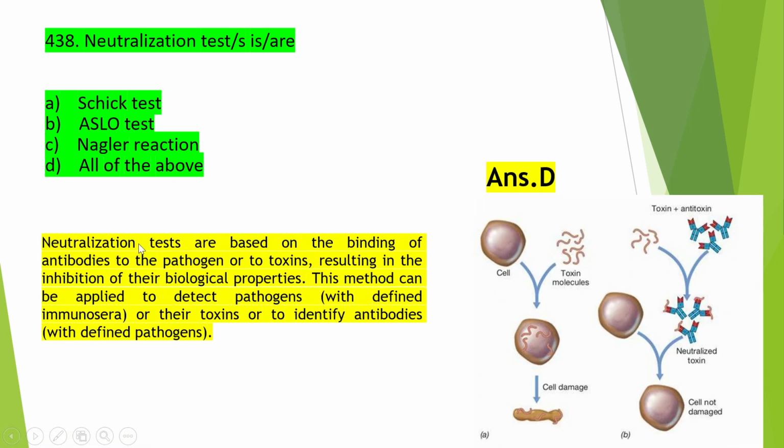So what is a neutralization test? Neutralization tests are based on the binding of antibodies to the pathogen or to toxins, resulting in the inhibition of their biological properties. This method can be applied to detect pathogens or their toxins or to identify antibodies with defined pathogens.